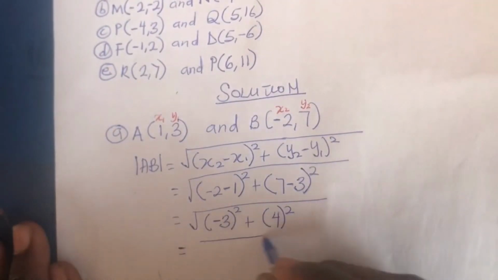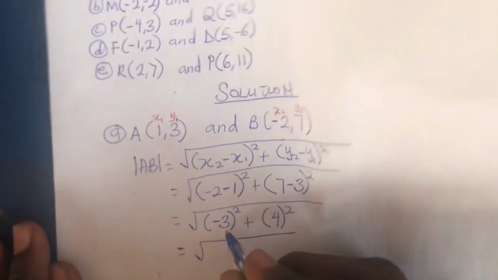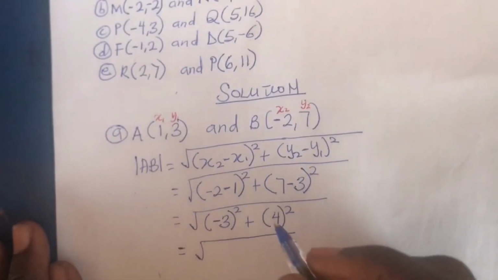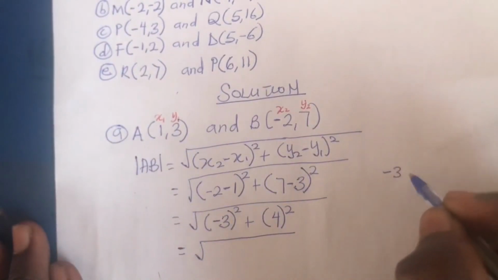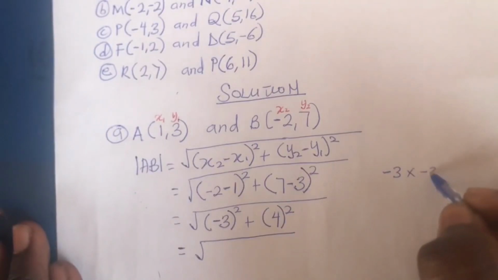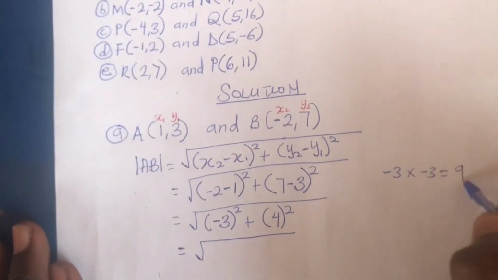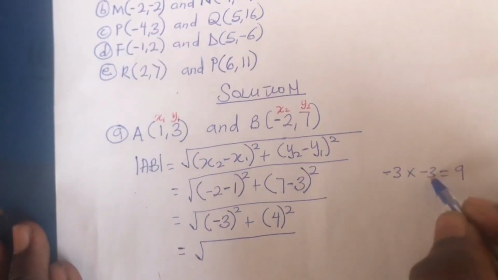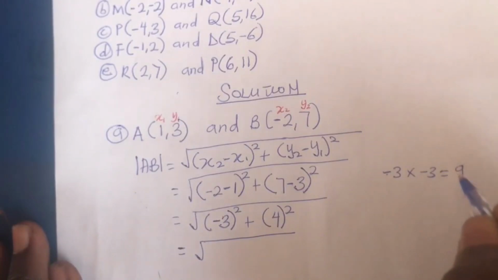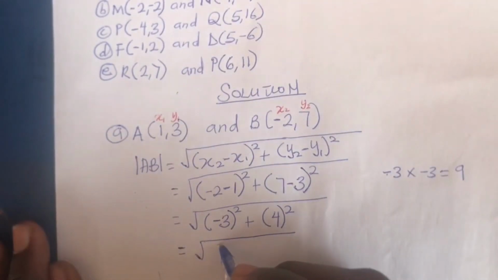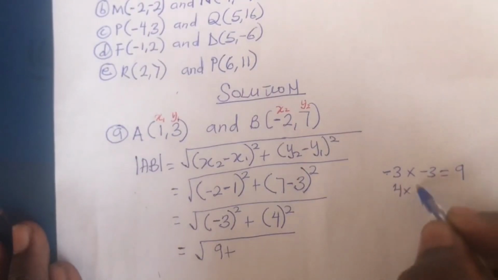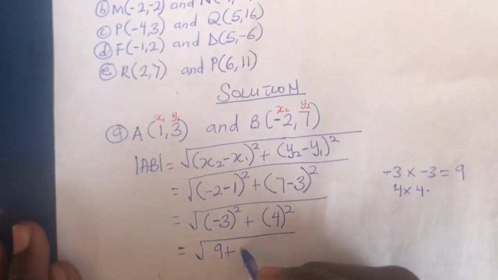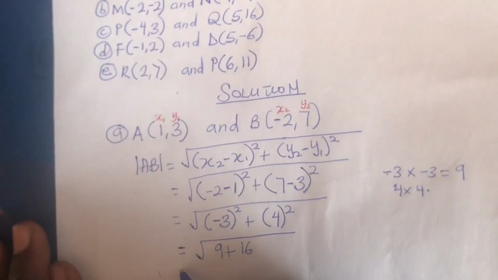So at the end of the day, what are we going to get? -3 squared basically means -3 times -3, and this will give us 9, because negative multiplying negative will give us positive. So this will give us 9, plus 4 squared is the same as 4 times 4. So 16. I hope you are following.